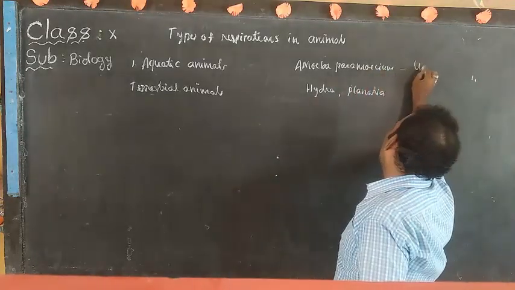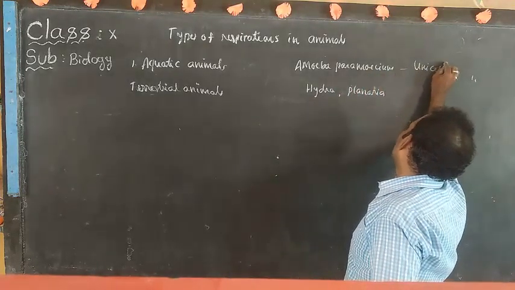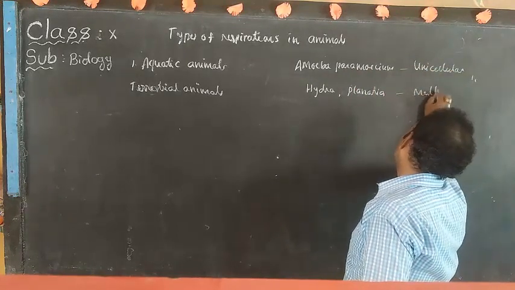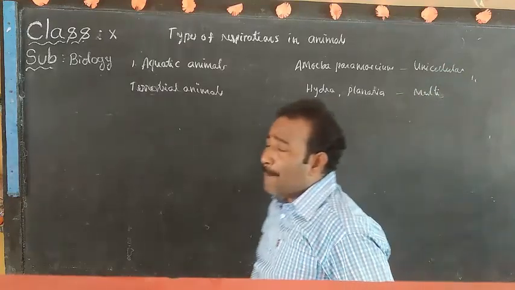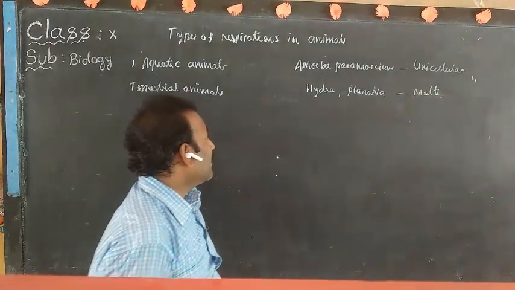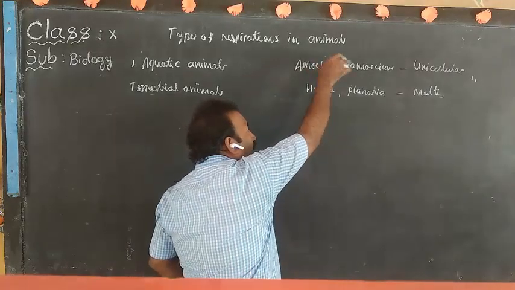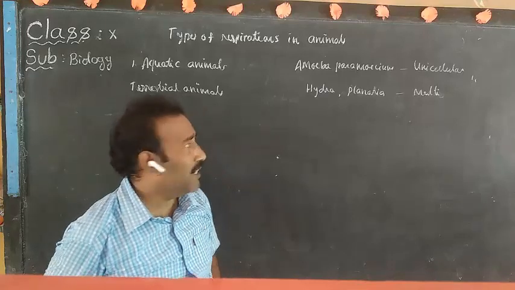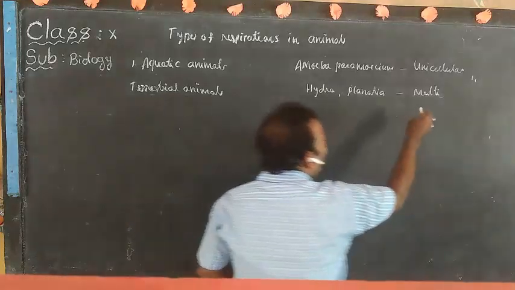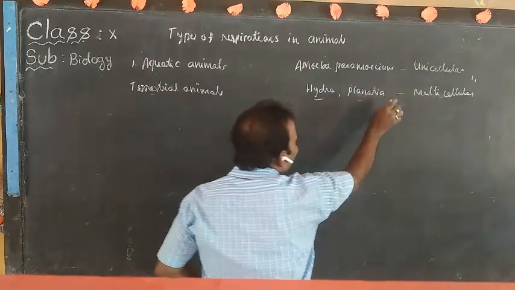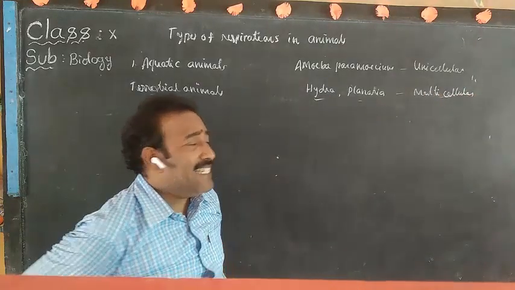This is the unicellular animal. This is the multicellular animal. The primitive animals are poorly developed animals, like protozoans, amoeba, paramecium, and even multicellular animals like hydra and planaria.